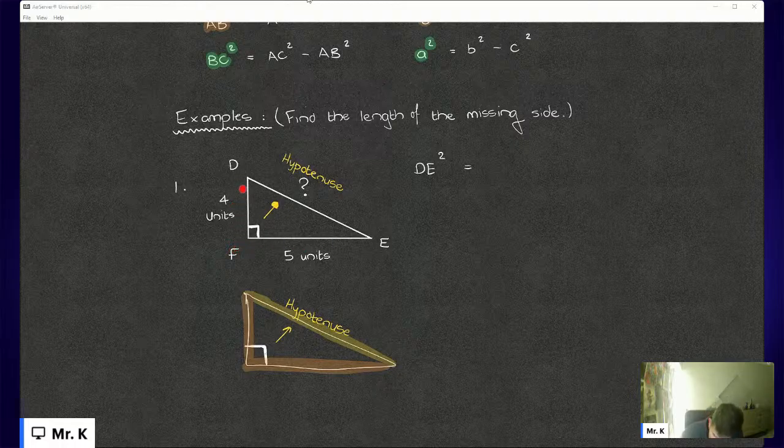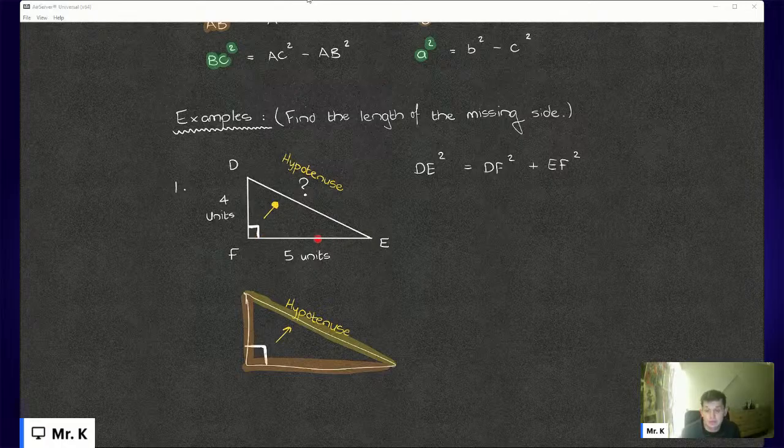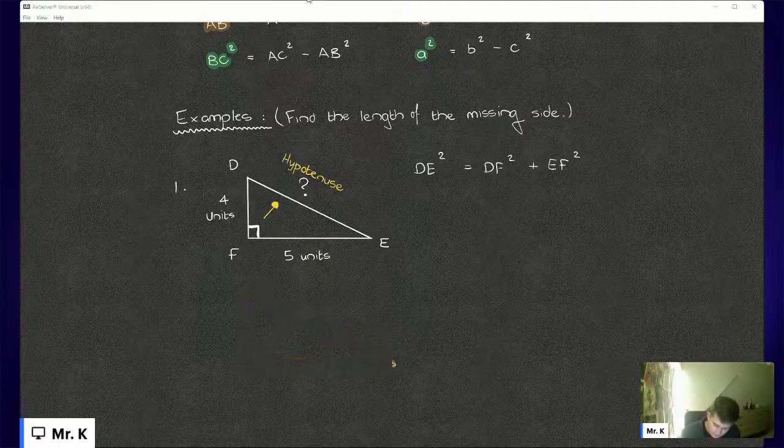So DF is the left-hand side, that's the really short side. DF squared plus EF squared. The longest side, the hypotenuse DE, is the same as DF squared plus EF squared, right? That is Pythagoras. It's as simple as that, guys.